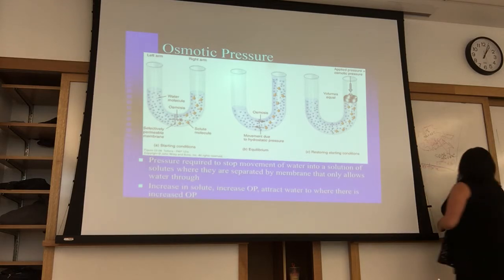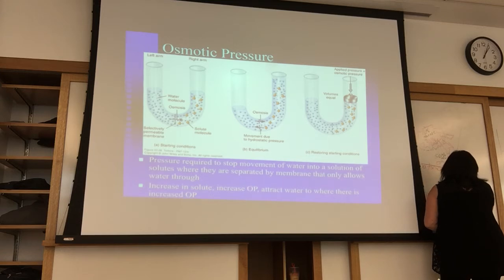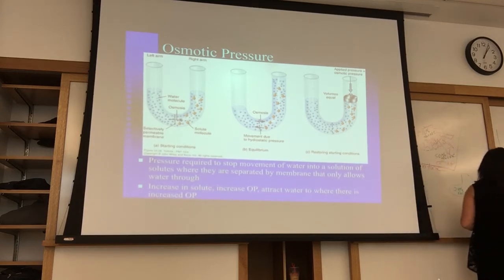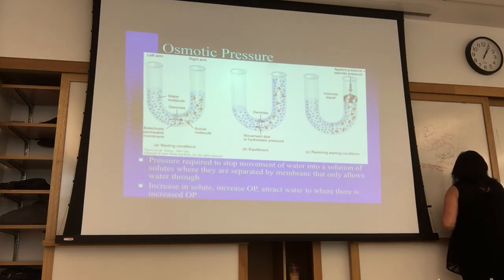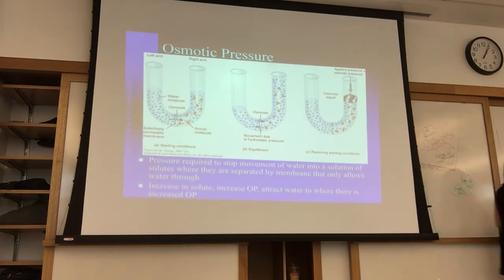Same thing over here. So if I have a red blood cell with my 0.9% sodium chloride, 99.1% water, and I place it into a situation which has 1% sodium chloride, what's going to happen?